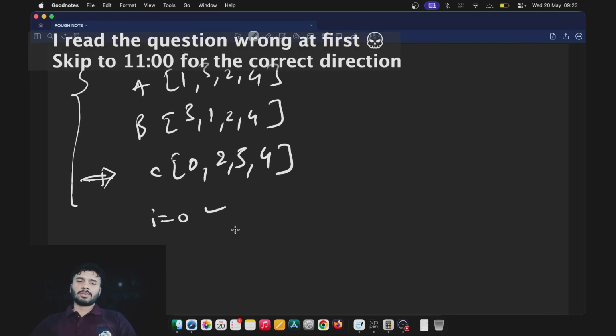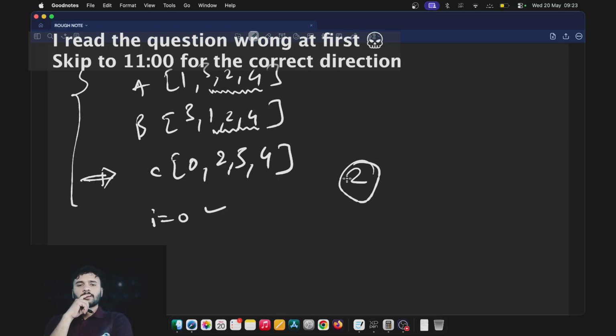For 0, before there is nothing, so no one. After 0, we have these things for both arrays, right? How many of them are common? Probably 2, right?